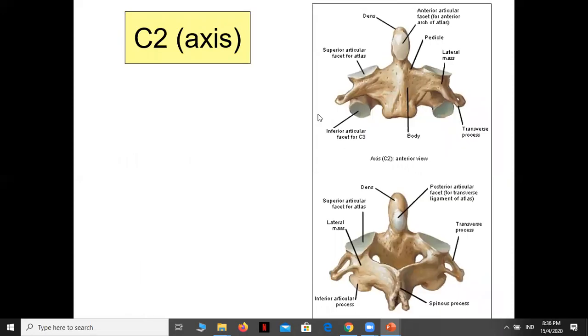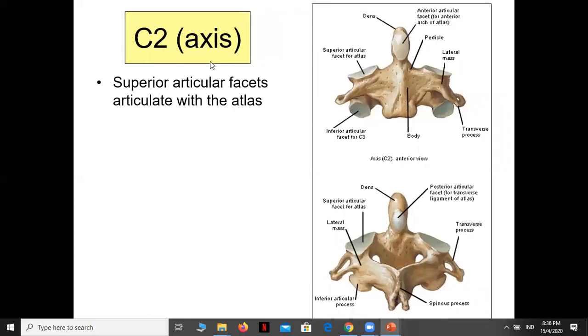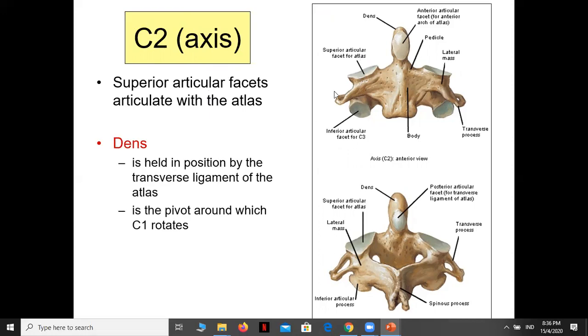Okay. Now we're going to proceed to discuss the C2, or the other name for the C2 is axis. For the axis, the superior articular facet articulates with the atlas, or C1. And then the other special feature about the C2 is the dens.